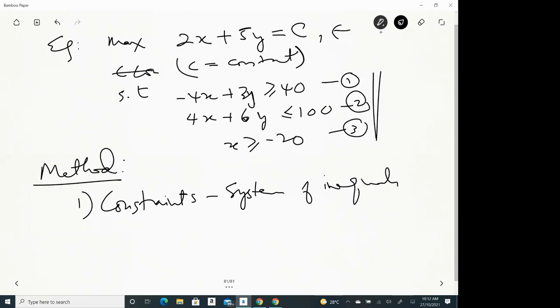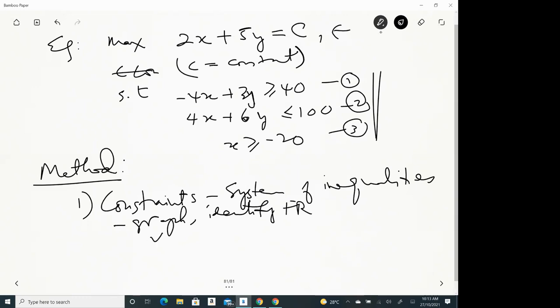So what you do here, you graph everything. Draw the graph, don't just sketch. Depending on the problem, it's better to draw. You draw the graph, and then you identify the feasible region.